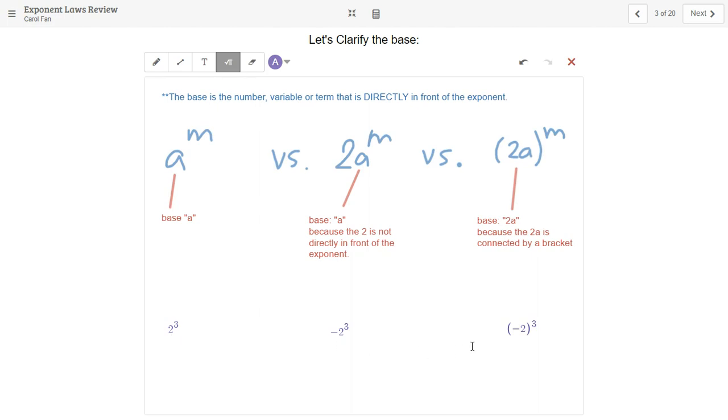Now, these three are similar to what we've done up here. So, our first question, 2 to the power of 3, we have a base of 2. So, that means this is 2 times 2 times 2.